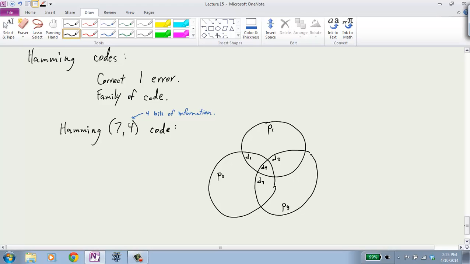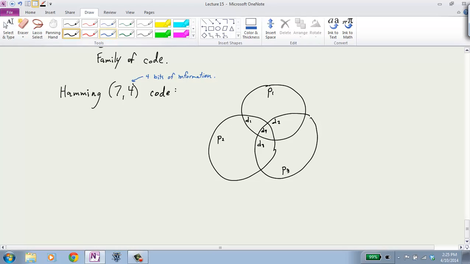The idea is this: you start with 4 bits of information in these spots, which I'll label D1, D2, D3, D4. Then we're going to write onto this 3 bits of redundancy, which I'll label P1, P2, and P3.